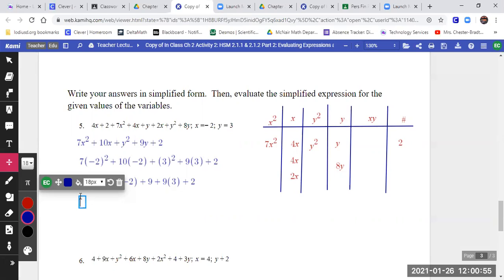When we think about our PEMDAS, what would the next level be?